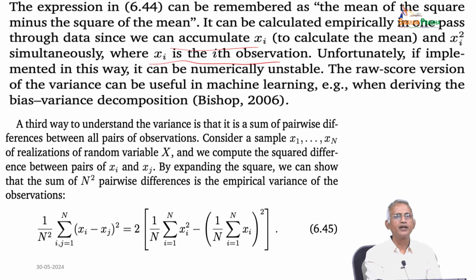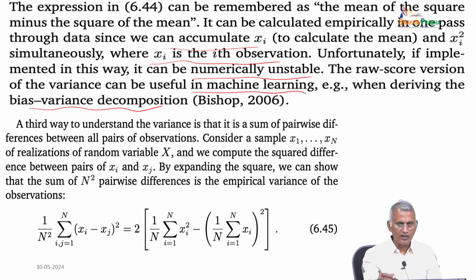Unfortunately, implemented in this way it can be numerically unstable. The raw score version of the variance can still be useful in machine learning, for example when deriving the bias-variance decomposition; refer to the book Bishop 2006.